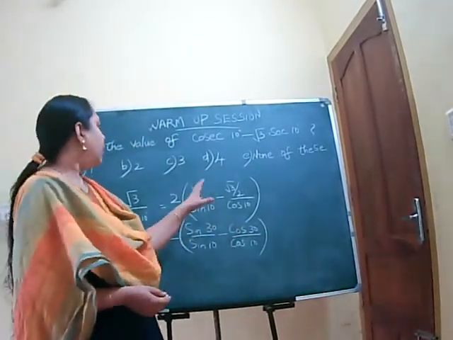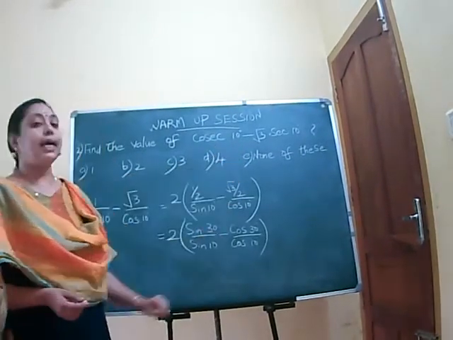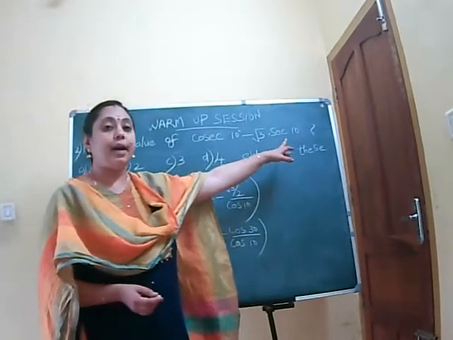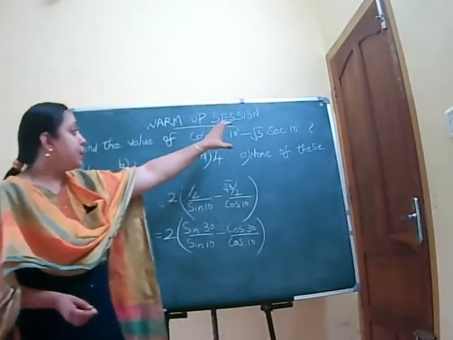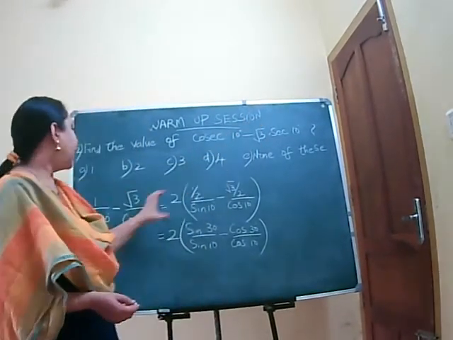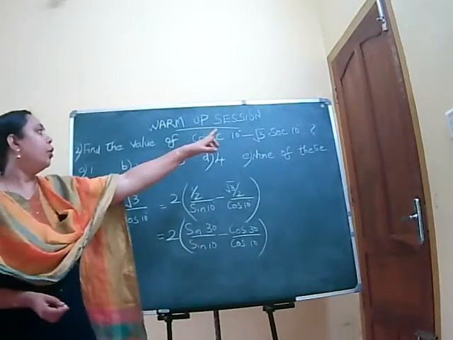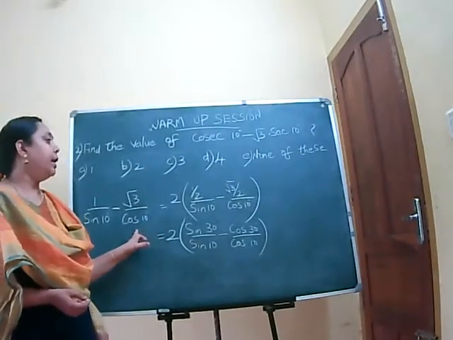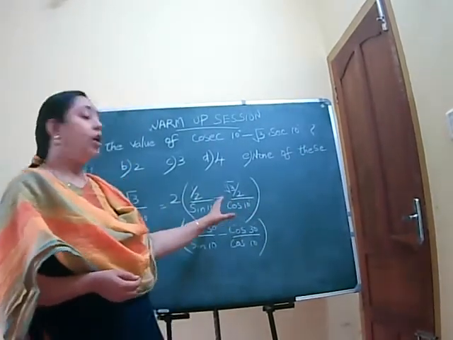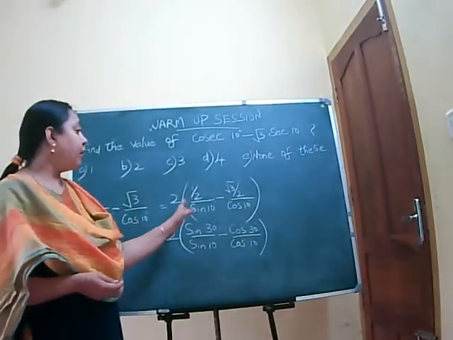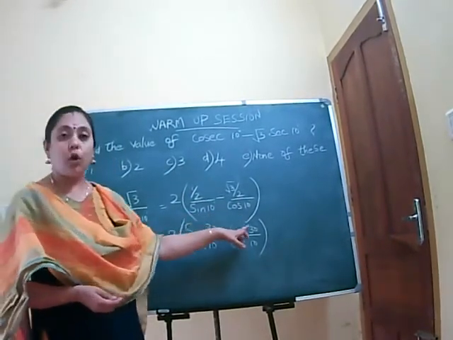First of all, we know that cosec theta is 1 by sin theta and sec theta is 1 by cos theta. So our required expression becomes 1 by sin 10 minus root 3 by cos 10. Now we multiplied and divided by 2 in order to convert this expression into sin 30 and cos 30.